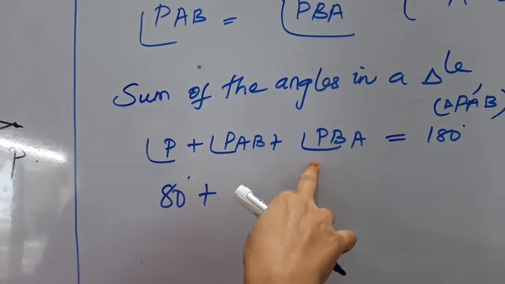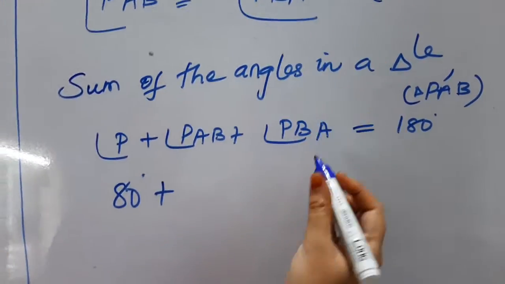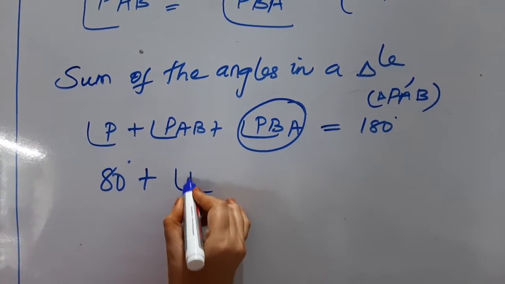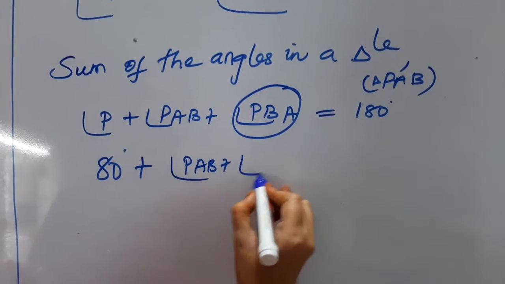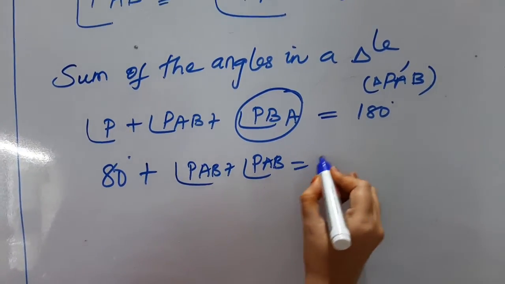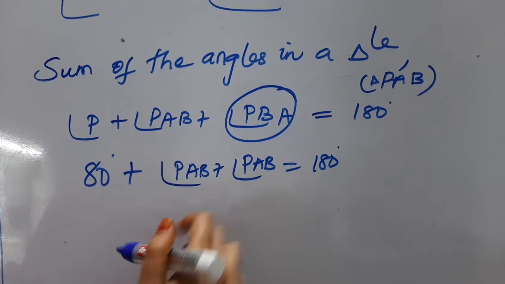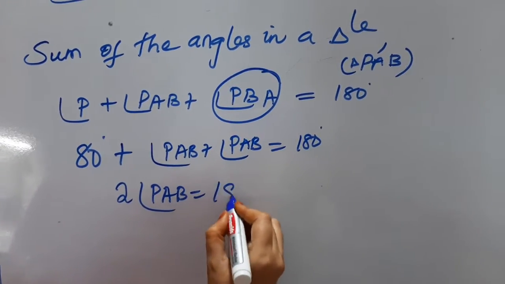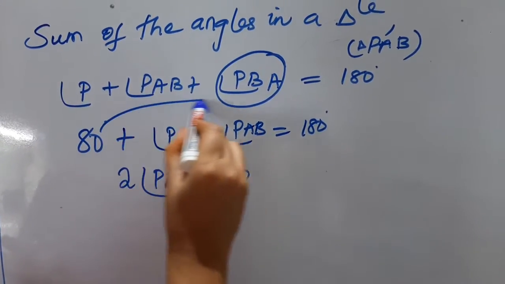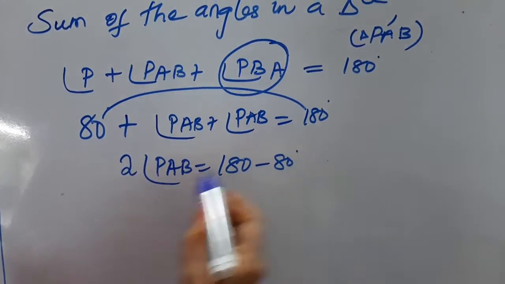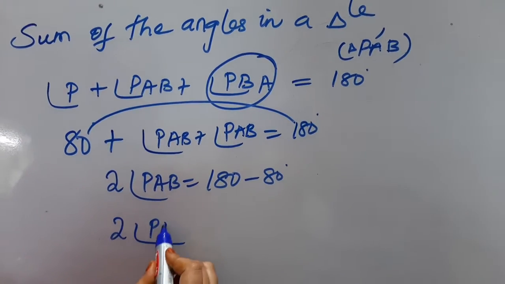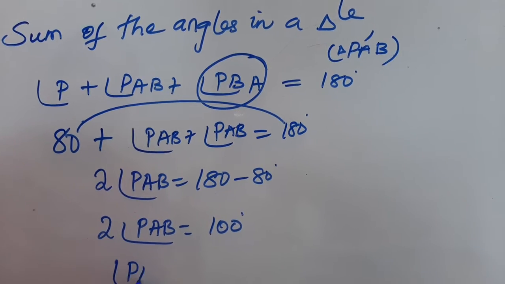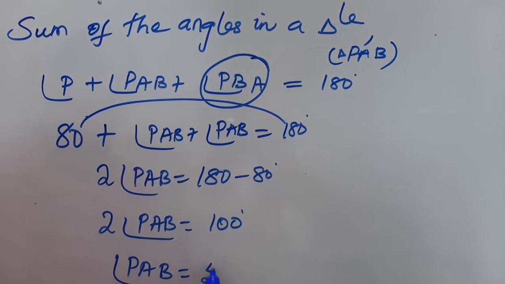Now PAB and PBA are equal, so instead of PBA, I can write PAB. So PAB plus PAB is equal to 180 minus 80. 2 times angle PAB is equal to 100. Therefore, angle PAB is equal to 50.